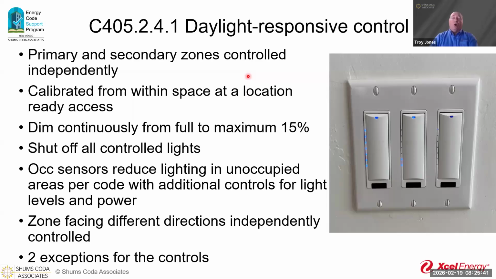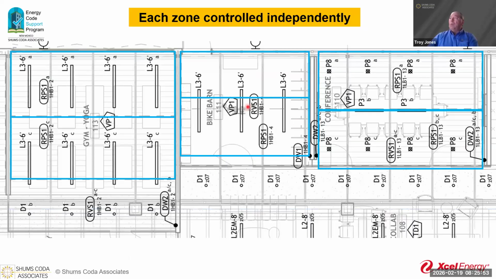They have to shut off all the controlled lights. So again, if we're in that primary zone and the secondary zone, and we have a light that goes in between, so if we go back here, we can see this light right here is in the primary and the secondary. So we have to make a decision as plans examiners as to which one of these is going to affect this the most. Is it the primary or the secondary?